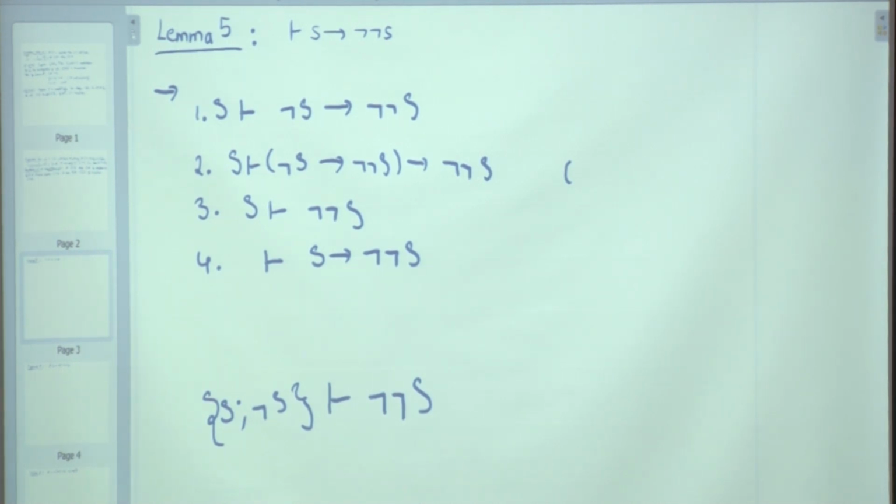From lemma 2: inconsistency of S comma negation S. Okay, finished? I should write the reasons.